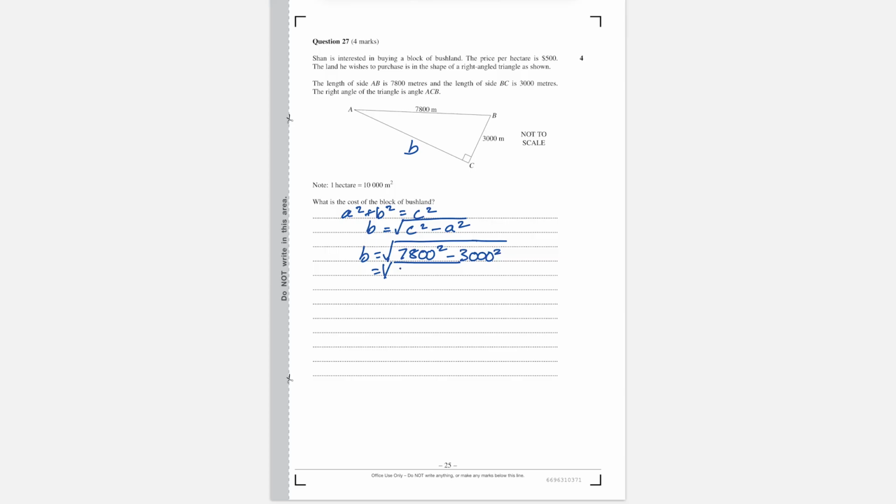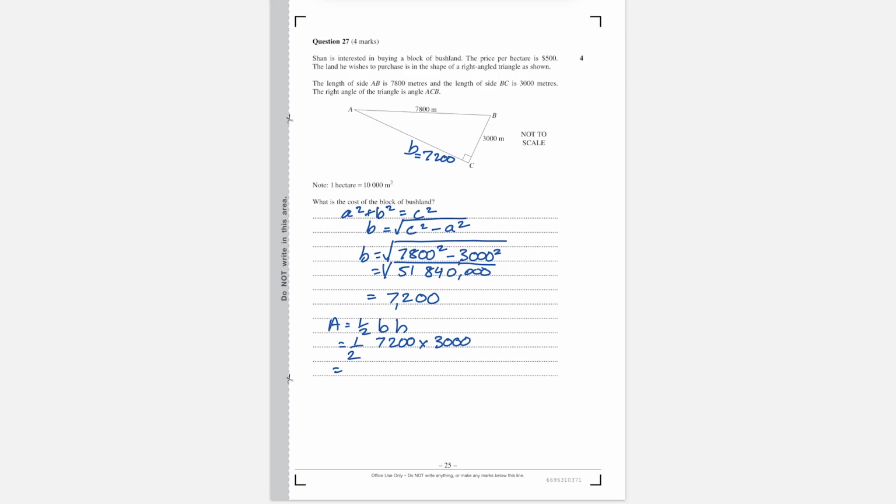Well, that's a big long number, 51,840,000, but we still need to square root it. So we get 7,200 is this length, 7,200. All right, and so then our area is equal to half base times height, which is equal to half our 7,200 multiplied by 3,000.